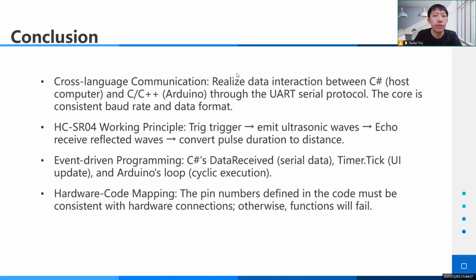Third, we must use event-driven programming, such as C# DataReceived and timer Tick events, and Arduino's loop function. Fourth, the hardware connections must match the pin numbers in the code exactly.